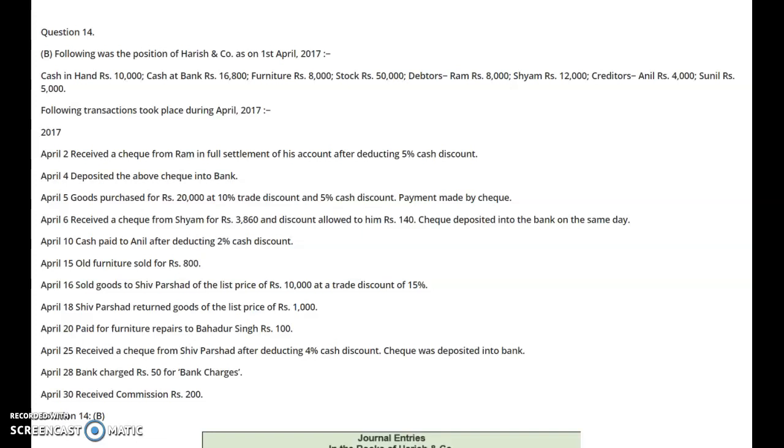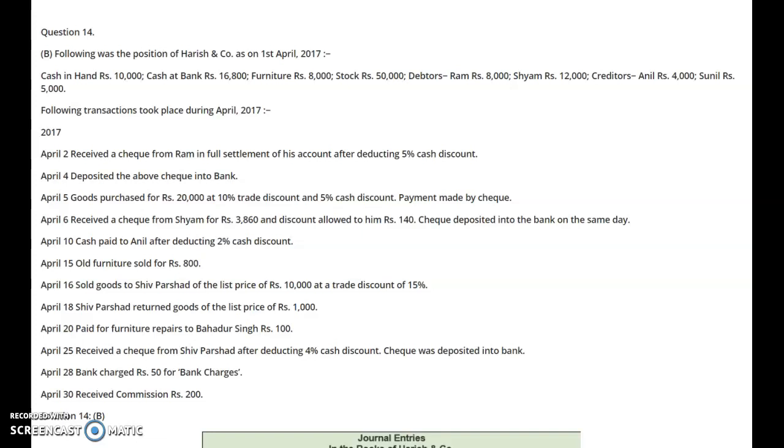So we have to see that in the opening entry or all other entries, debit must be equal to credit. So this way, if the total of all the assets is equal to liabilities plus capital, there will not be any requirement of opening any account on either side. But suppose there is a difference: if the asset side is short, a separate account is to be opened known as the goodwill account, and that is to be debited there.